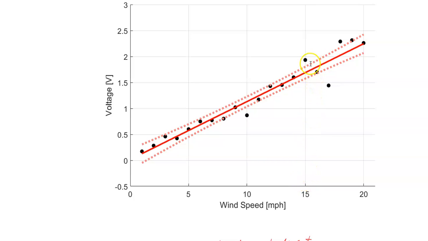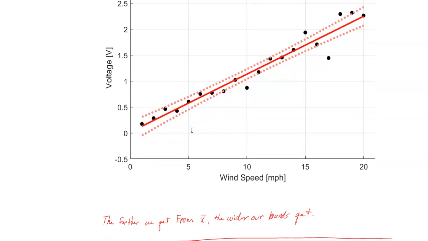We wouldn't expect the 95% confidence interval for that point to necessarily be in these dotted lines. We would expect it to be potentially farther out. But if we added that new point and then calibrated a new fit, we would be pretty confident that that fit would lie within these dashed line bounds.